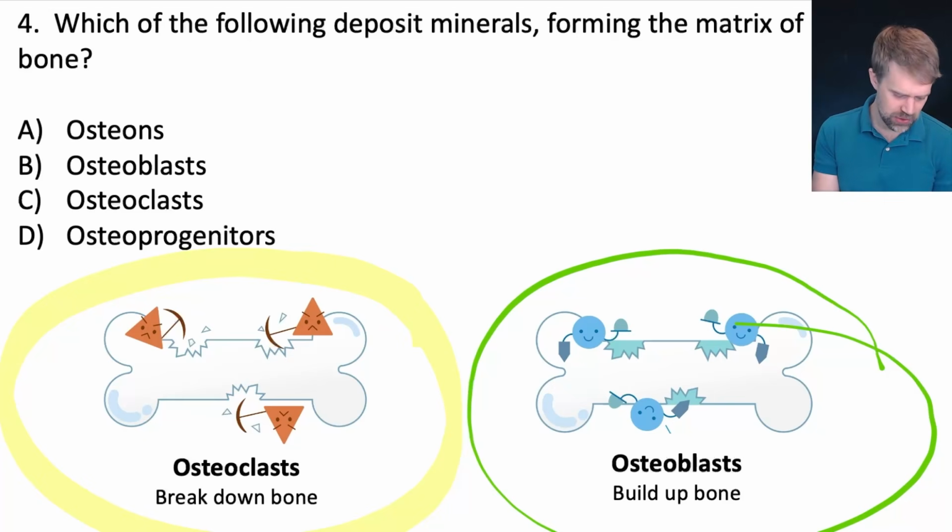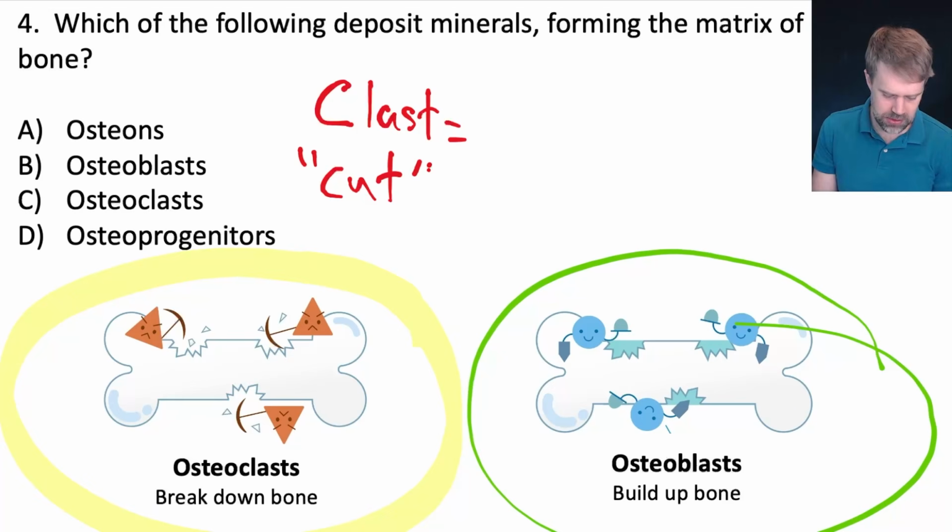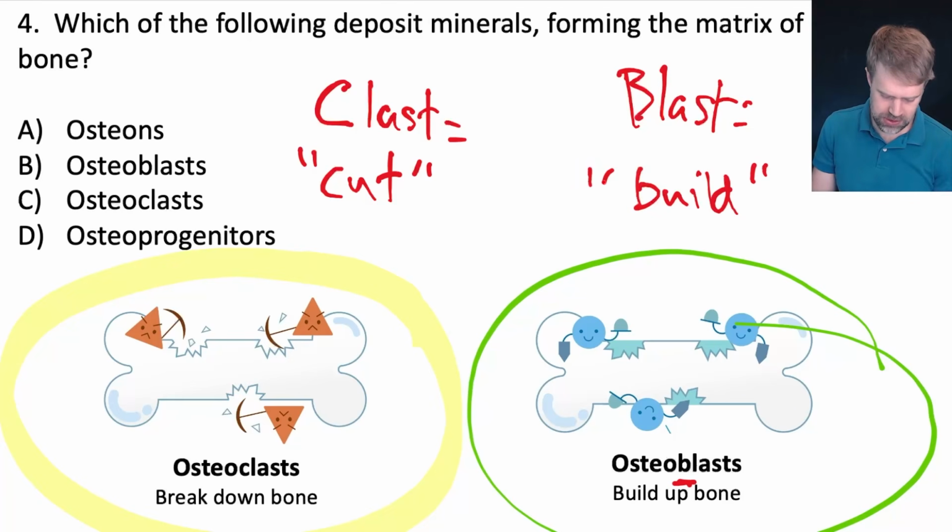I like to remember it with a C for clast, standing for cut, because they're breaking down bone. Osteoclasts cut, or break down bone. Osteoblasts, we got a B over here. Blast equals build, because osteoblasts build bones.